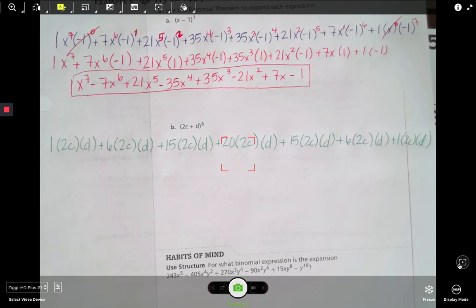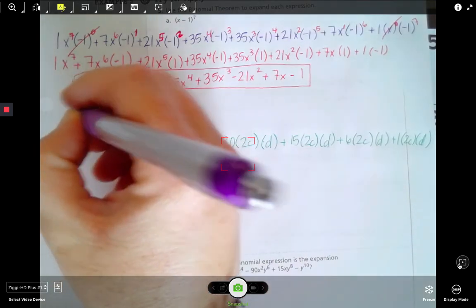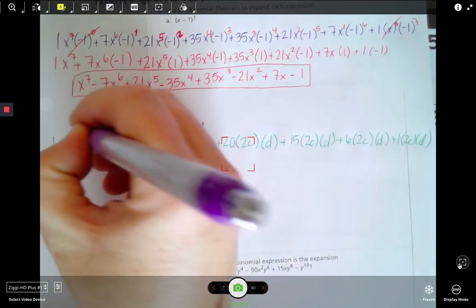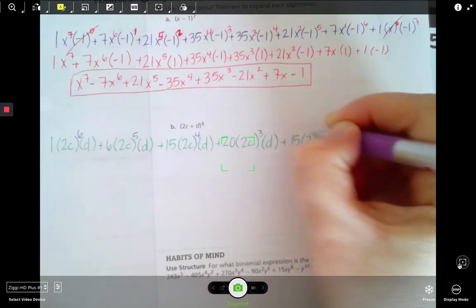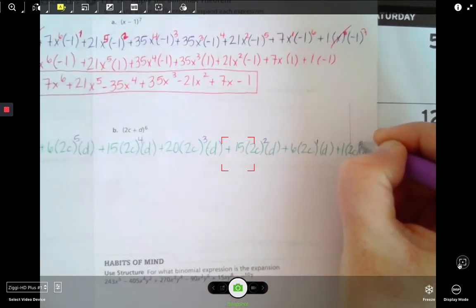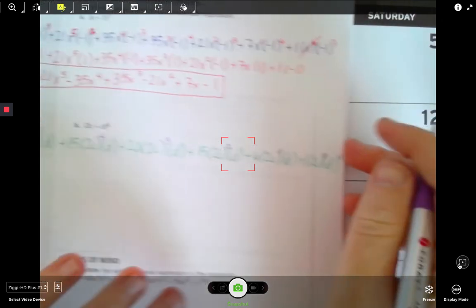Alright, now we're going to go through and put our exponents with it. We got 6, 5, 4, 3, 2, 1, 0. Oh, that went off.